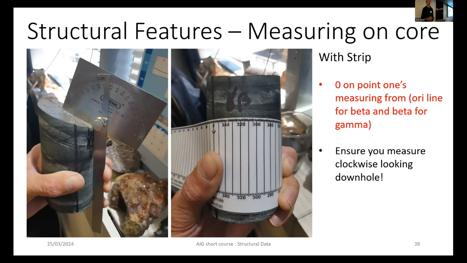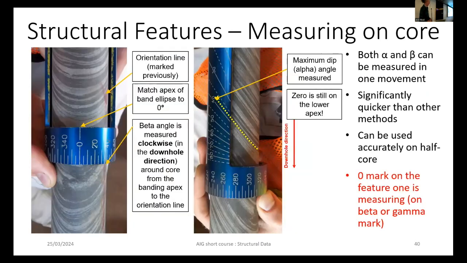All those strips are available in Holcomb's document. Make sure you print it out at the right scale. It actually gives the circumference in millimeters, so measure it and make sure it's the same. Plastify it, and then go off and measure with those strips. But make sure you're using the right strip for the diameter of core you're working on.